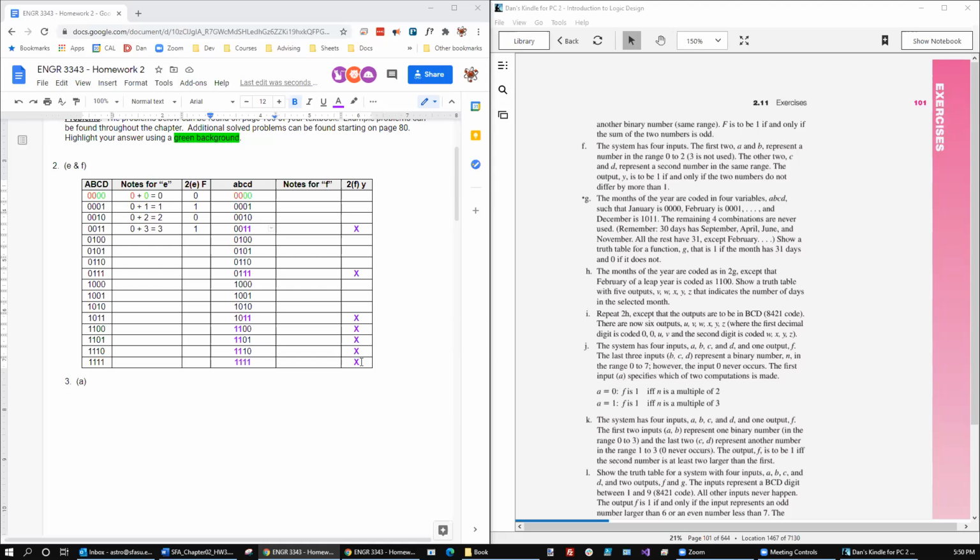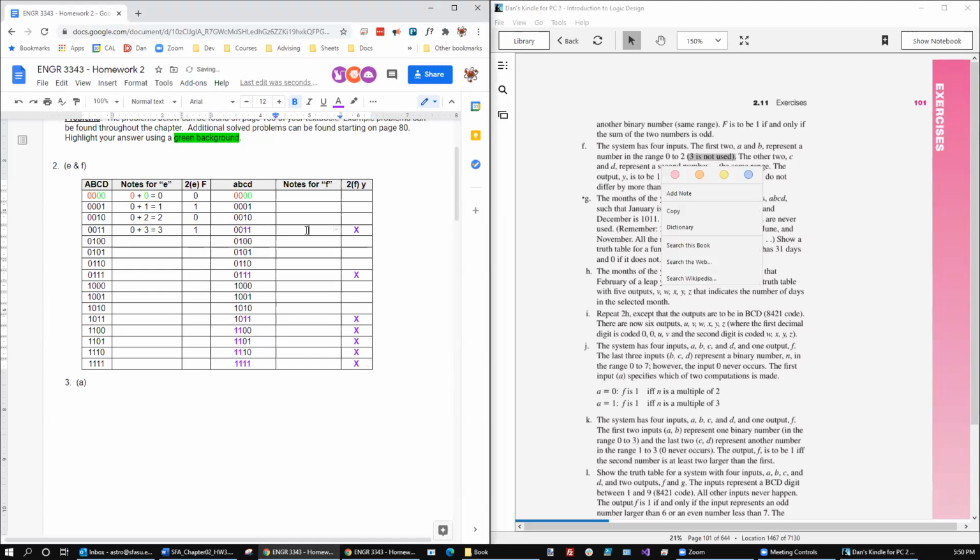The reason why we do that is because it actually leads to a smaller circuit. If you don't care what the output is, that means less wires and less work for you to have to do. See right here, it says 3 is not used. So we don't care what 0 plus 3 is right there, because it should never really get to 3.